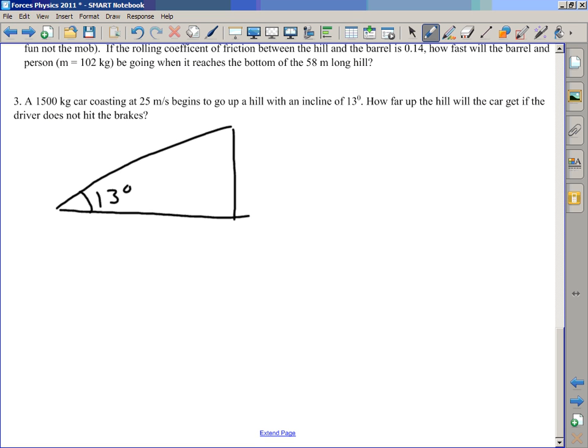The car is going to go up it, right? Initial velocity of 25, and it's going to make it up to some height. It's going to go some distance up the hill, and the final velocity up here, whenever it makes it to the max height, is 0. That's the idea. And I want to find displacement S up the hill.